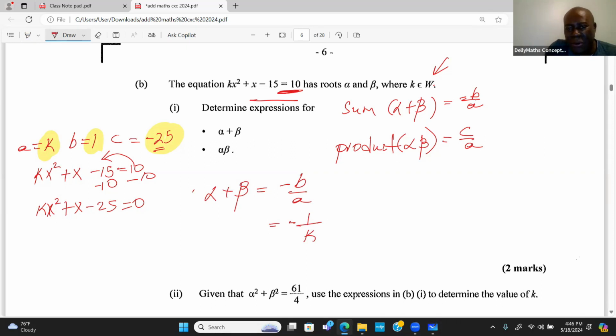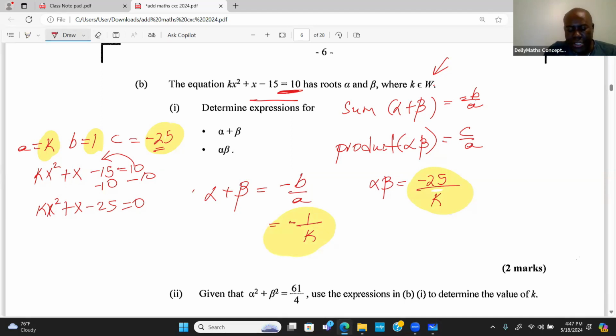The sum is minus 1 over k, but the product is c, which is negative 25, over a, and a is k. So these are the solutions we're looking for. For the sum, we have minus 1 over k, and for the product, we have negative 25 over k.